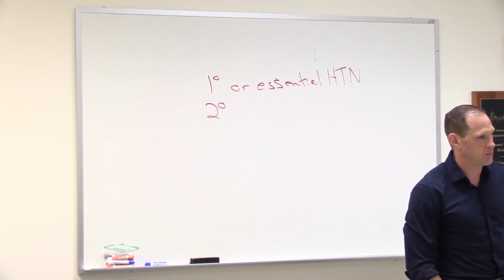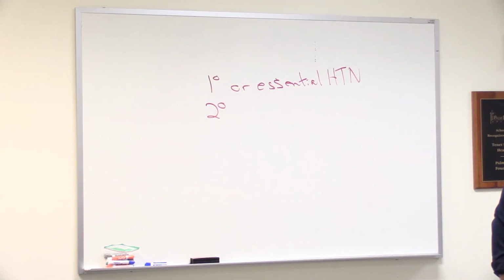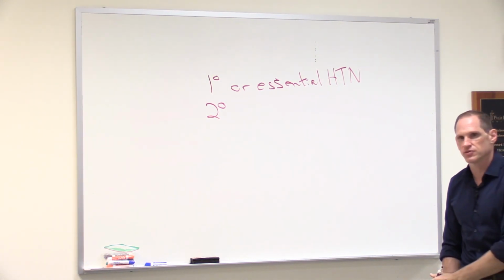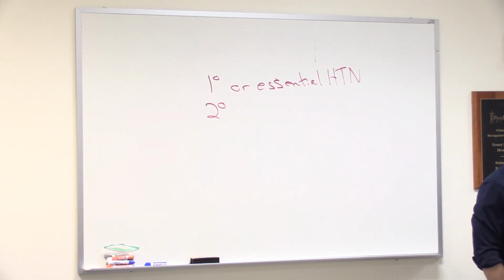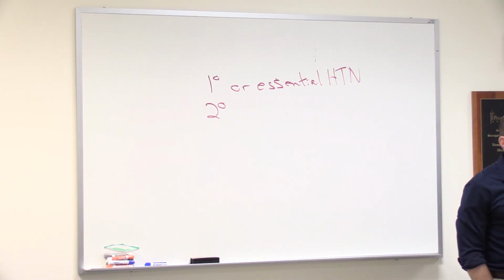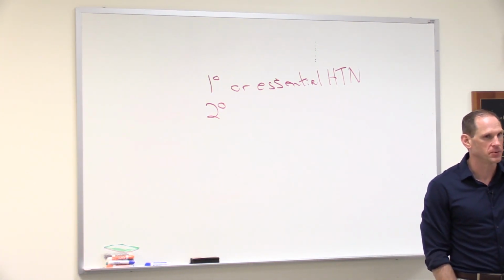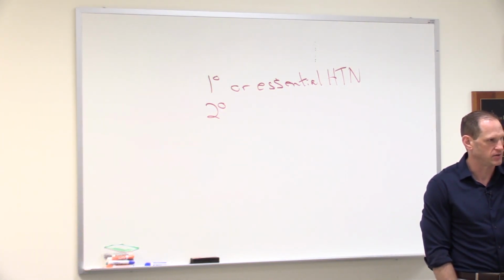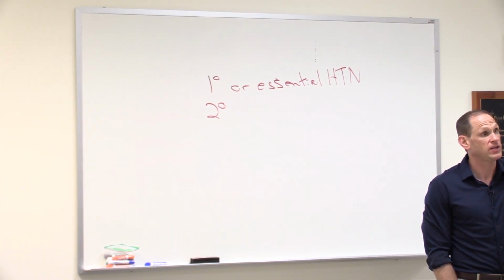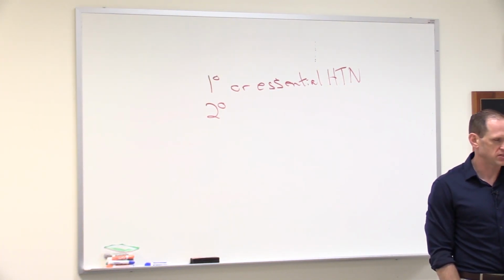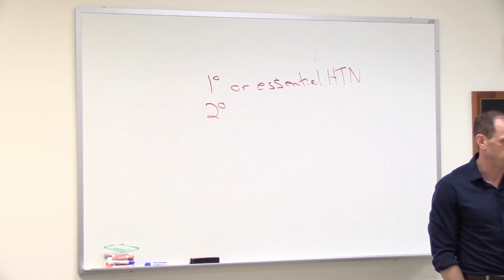The second type of high blood pressure is called secondary. And that's going to be secondary to what? To an identifiable cause. So in your notes, I've given you this really long list of potential causes. So I'm just going to highlight a few of them here, but you need to be familiar with the list. You're not going to have to reproduce the list on your test, but you need to recognize that those conditions could cause high blood pressure and ideally know how they could.